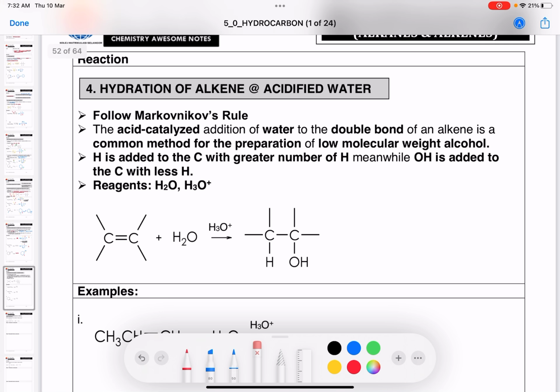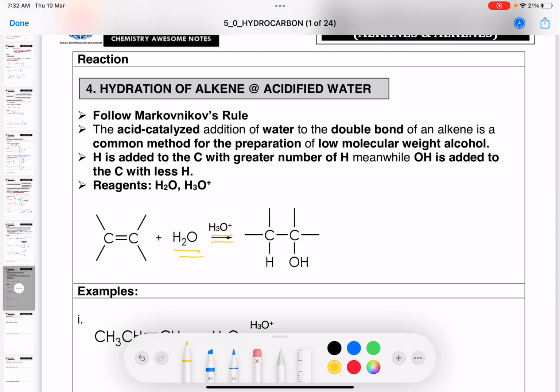reaction, which is hydration of alkene. This one as well follows Markovnikov's rule, but to make it happen, you cannot just simply add water. We have to add acid as well to make it acidified water. Okay, so this is how you're going to write it, H2O, and then we add H3O+.